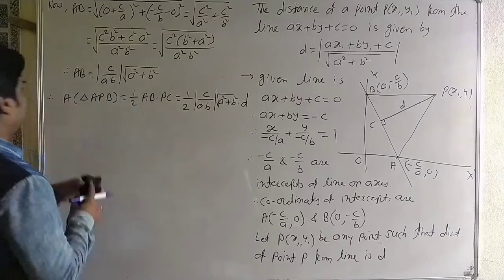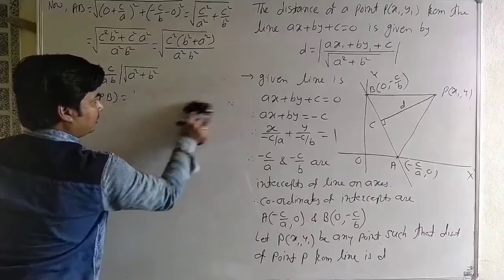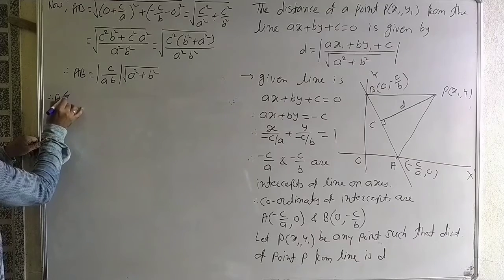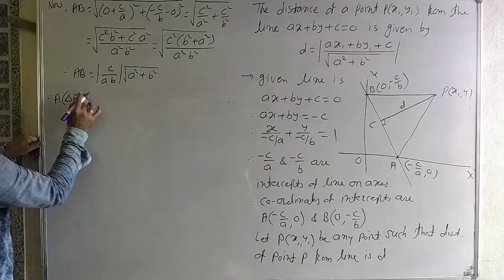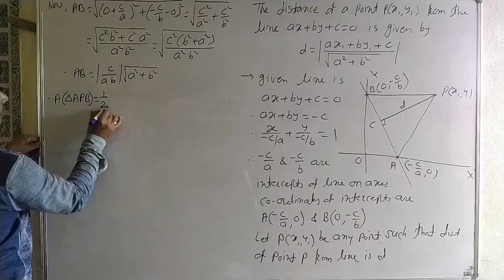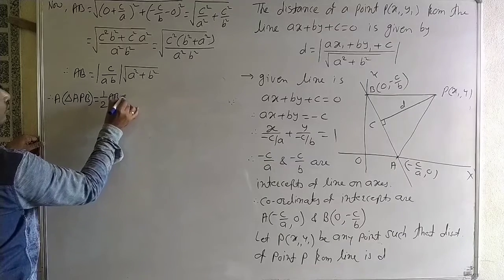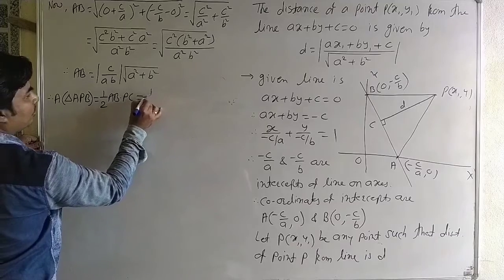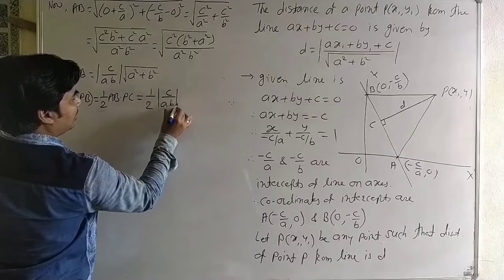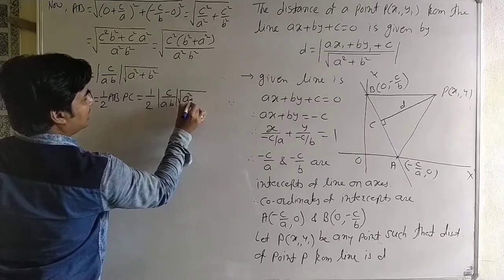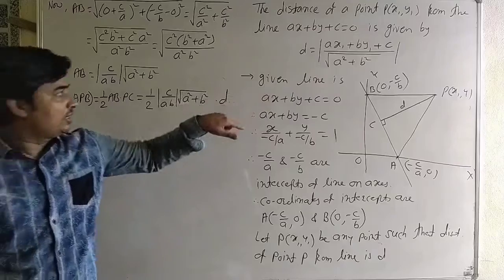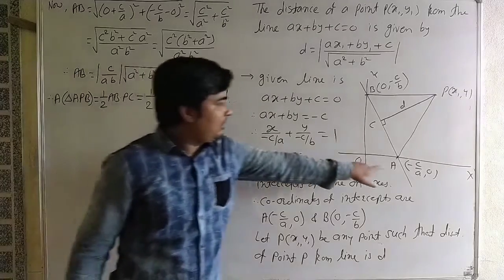Okay, here we can write clearly area of triangle APB is equal to 1 by 2 base into height, and that is equal to 1 by 2 base mod of C upon AB into under root of A square plus B square and into height, it is D. Okay, it is the area of triangle APB.